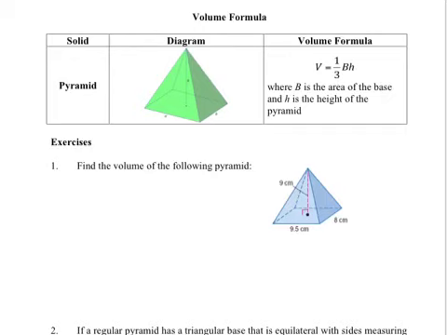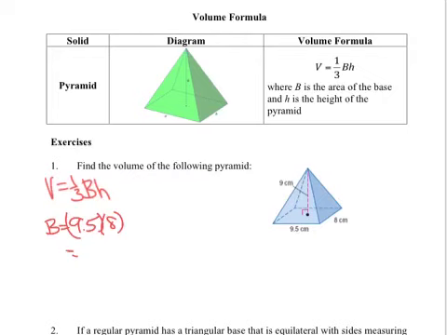So the first example is a direct calculation. We have the dimensions of the base and we have the height. So we know that volume is going to be 1/3 the base area times the height. Let me do a units check first. Everything is in centimeters, so my units are good. I've got to find the base area, which is just 9.5 times 8.